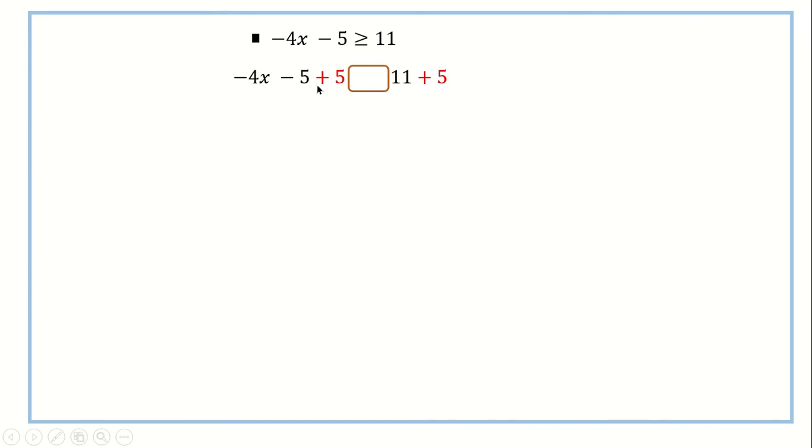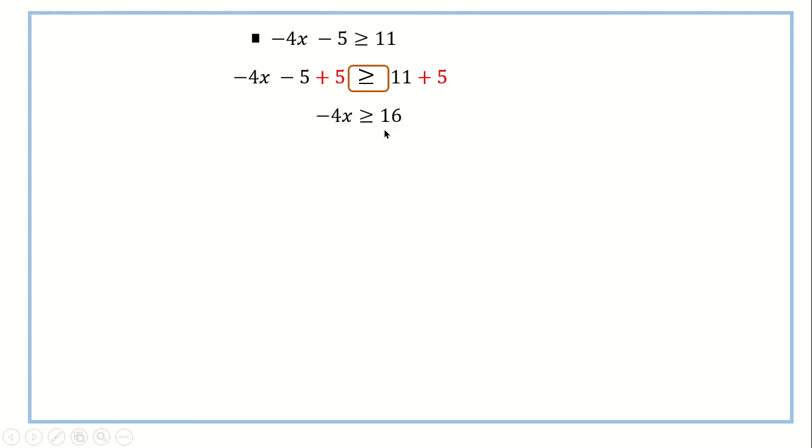Okay? Let us add 5 on both sides of the inequality. But then what happens if we add 5 on both sides of the inequality? Will the sign of the inequality reverse or not reverse? From what we have seen already, we know that the sign will not reverse.